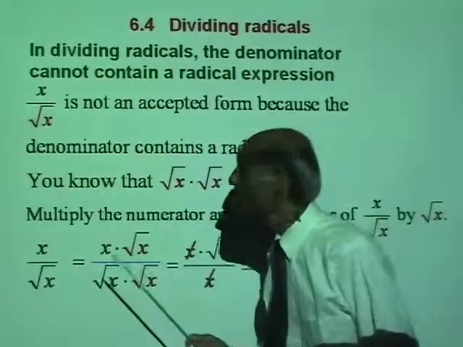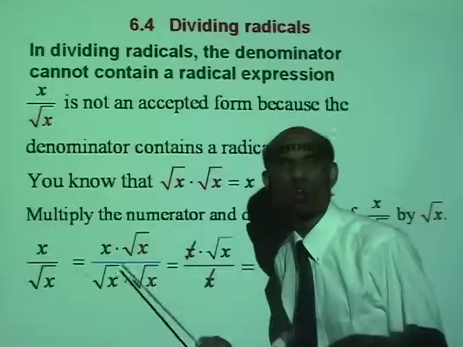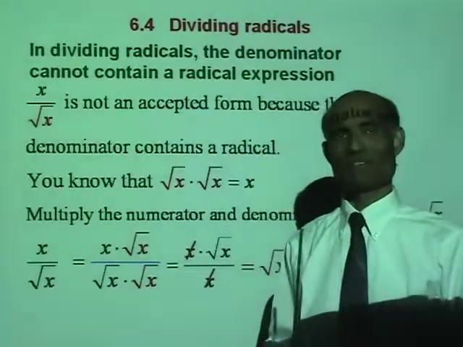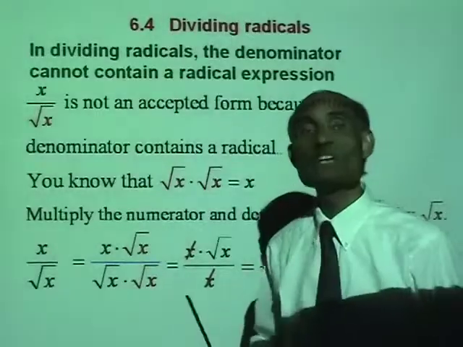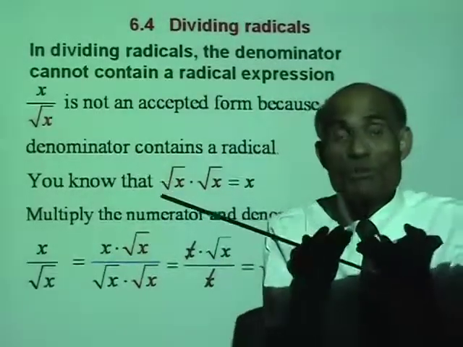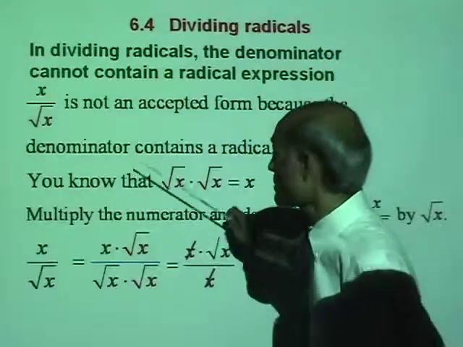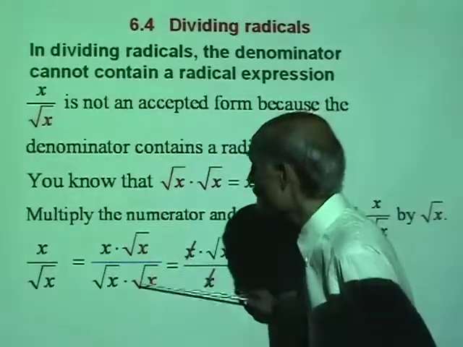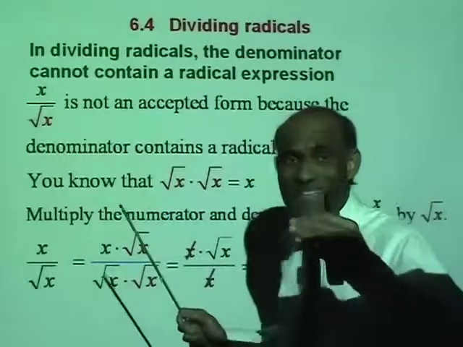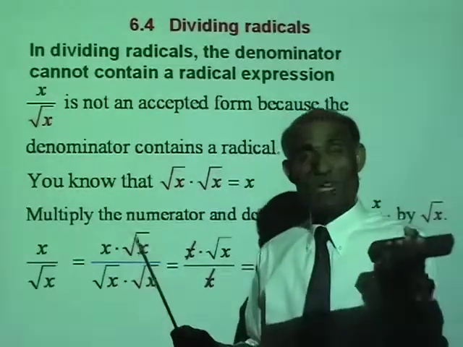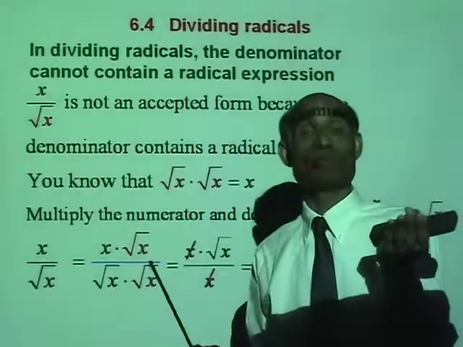Now there is a name for this mathematical process that we did. What is the mathematical process we did? The mathematical process we did is remove the radical sign from the denominator by multiplying the numerator and denominator by the same quantity so that the radical from the denominator will be removed.